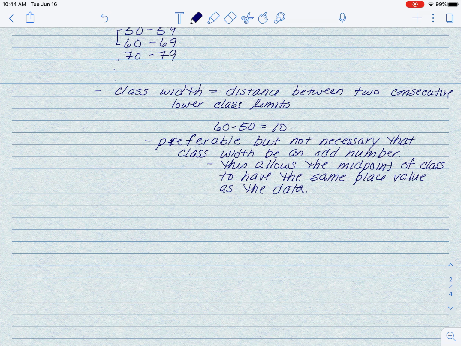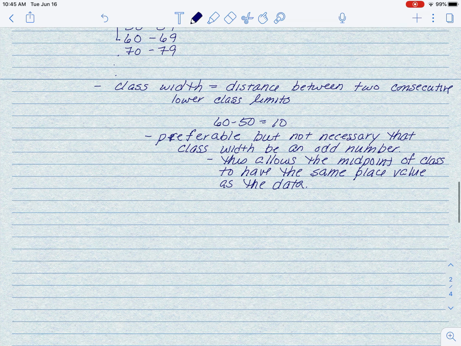Meaning, if the data is integers, then the midpoint will be an integer. If the data has one decimal place, then the midpoint will have one decimal place. If you have an even width, it can split the midpoint so that it has one more decimal place than what was in the data itself.